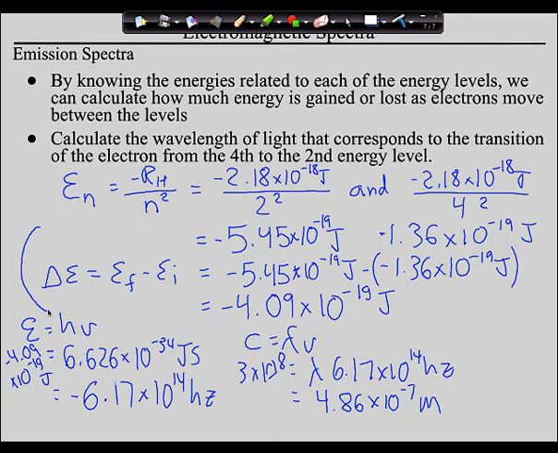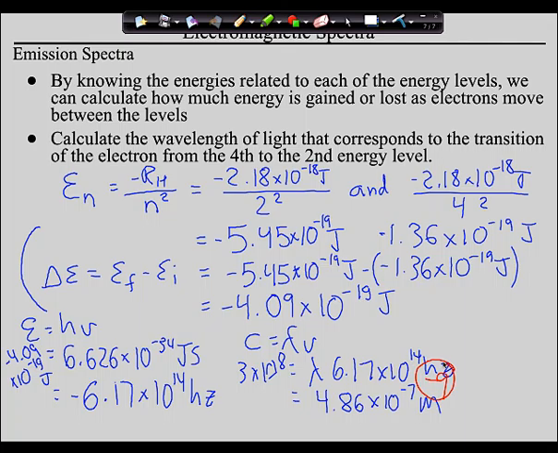So, hey guys, let me ask you one question though before we depart from this. What is the wavelength of this energy in nanometers? 486 nanometers. Because guys, remember, nanometers are 10 to the negative 9th.